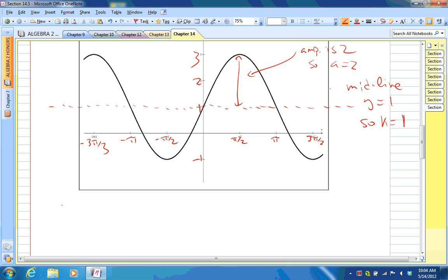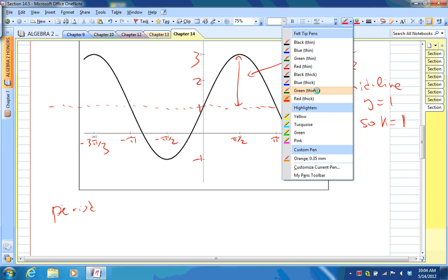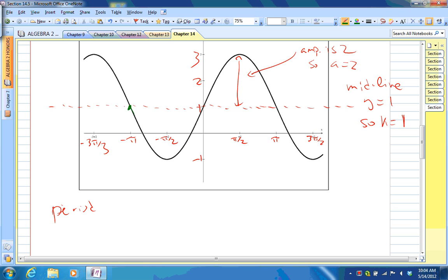And then the period. It seems like the graph repeats itself. We can start it, say, over here. So the period will be 2 pi, since a cycle can start at negative pi and end at positive pi.